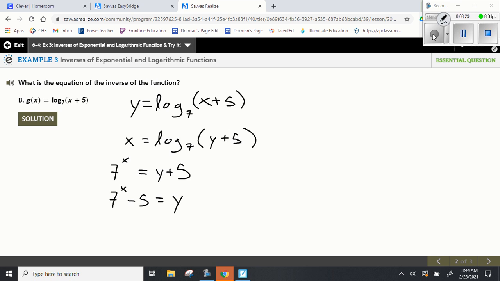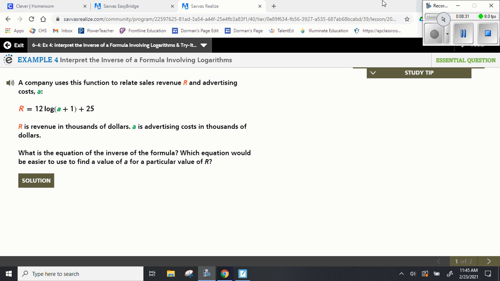All right, and the last thing that we're going to do is apply this inverse to a real life situation. So we've got a company that uses this particular formula, R equals 12 times log base 10 of A plus 1, plus 25, in order to relate sales revenue and advertising costs, where sales revenue is the output, and the input, the thing that you plug in there, is some sort of number value for a cost.